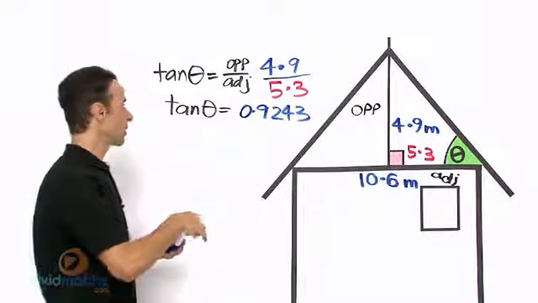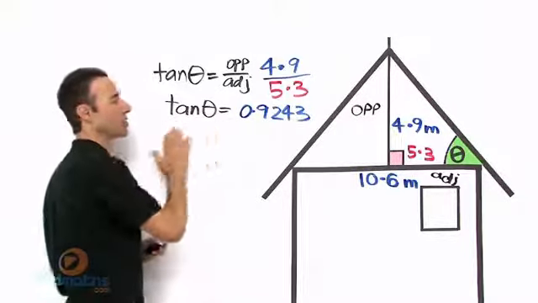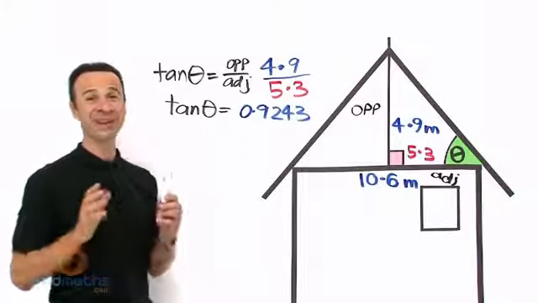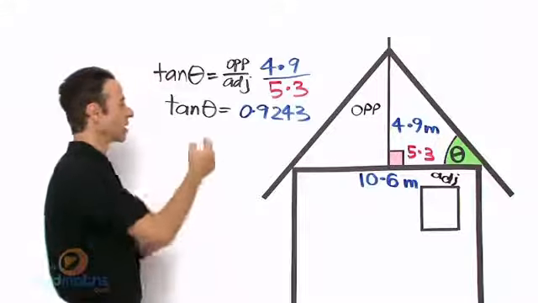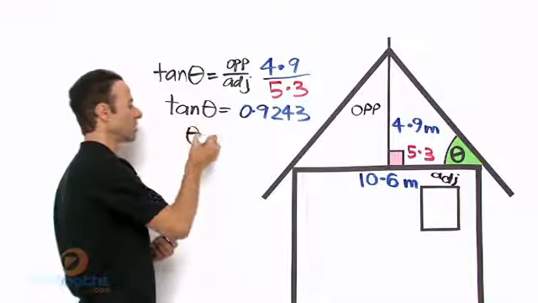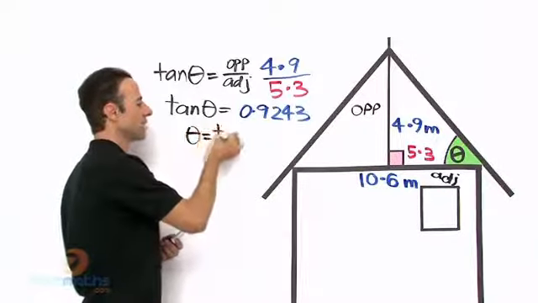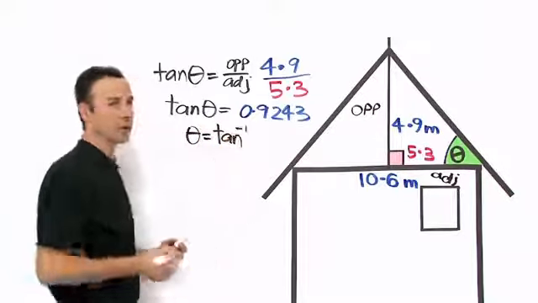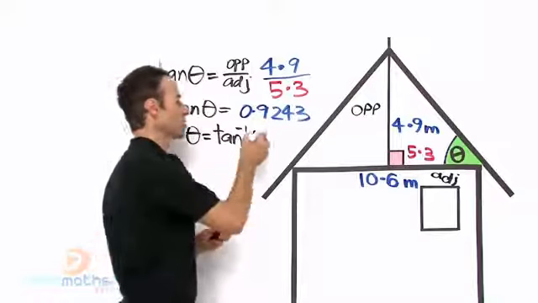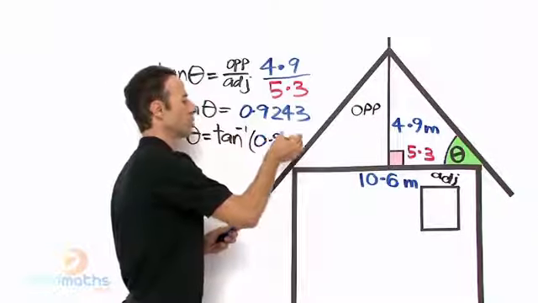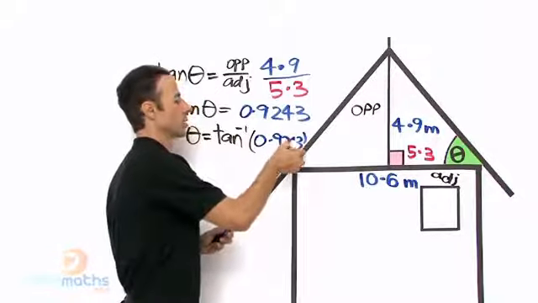Okay, let's bring down the tan theta again. Now we want to inverse tan when we bring it down. So we want to bring the theta, make it by itself, make it singular. So let's bring it down here. There's our theta, and that equals shift tan, or inverse tan, of that. Let's write it down again, 0.9243.